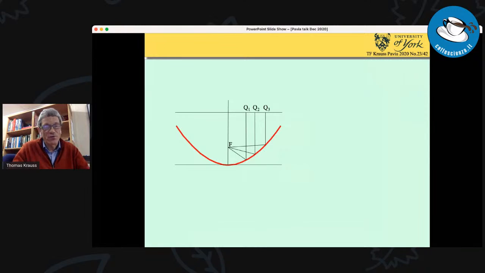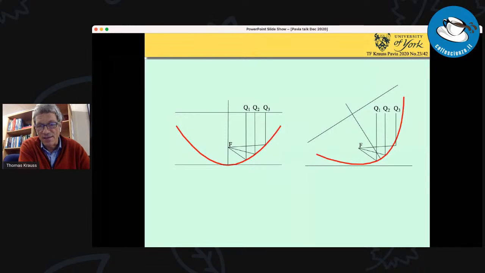Here I just use as a simple explanation a parabolic mirror, which is a focusing mirror. You have three sources, Q1 to Q3, and they all end in a focal point. That's great. Now, when you tilt this system, I've tilted the whole system except for my sources, you notice Q1 and Q2 look okay, but for Q3 something has gone wrong.